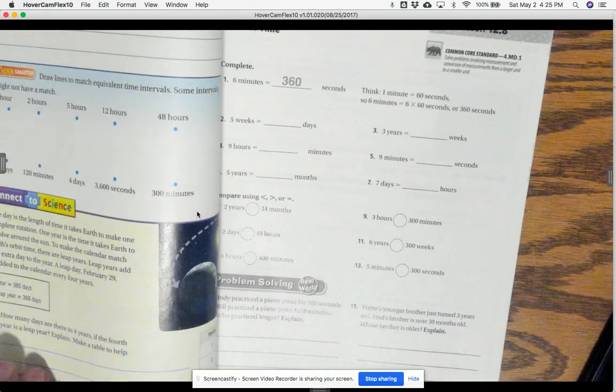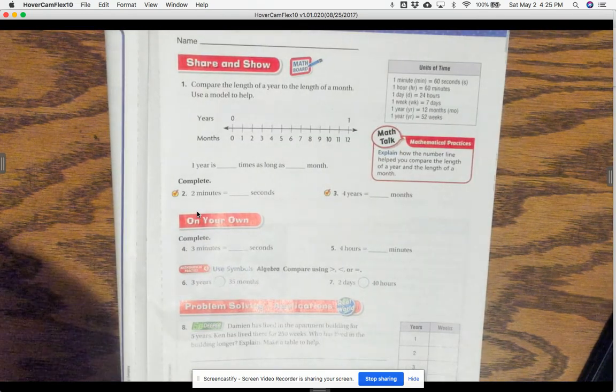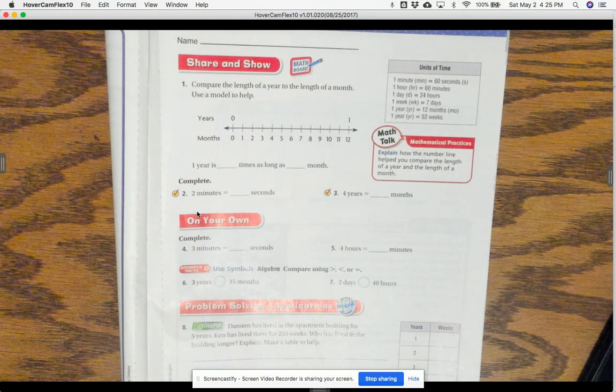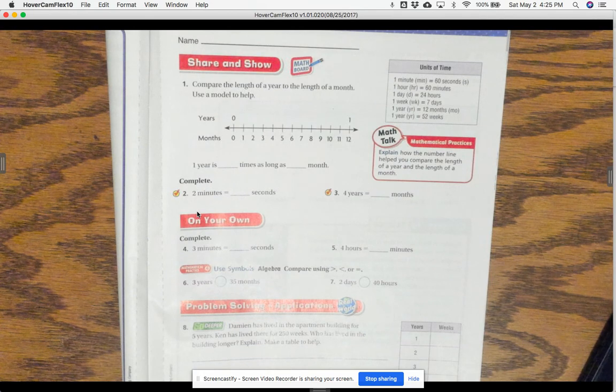Today's just 2 pages worth, so it's a little less than when we did 12.7. That ended up being 3 pages. So we have 2 days worth of time. Today is units of time, and the next lesson is elapsed time, how much time goes by.